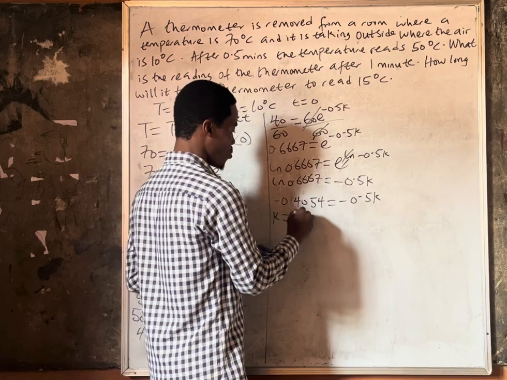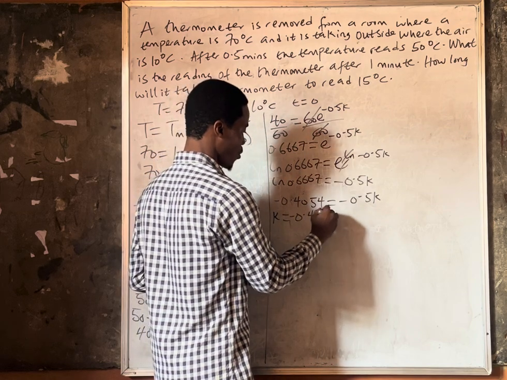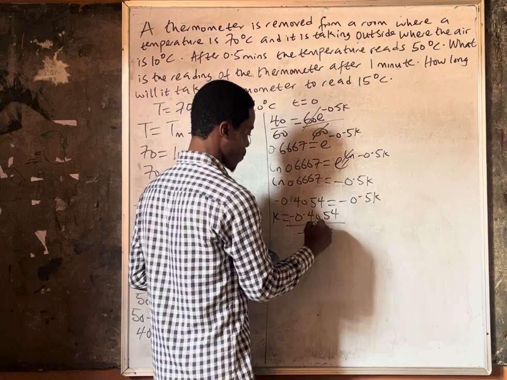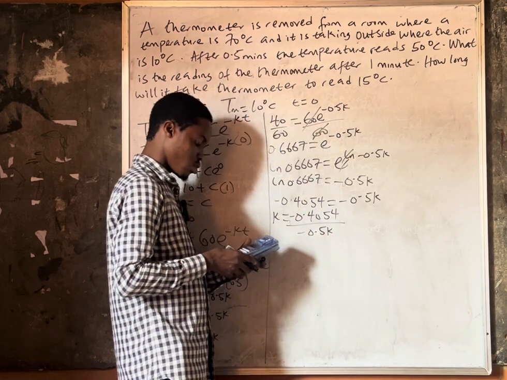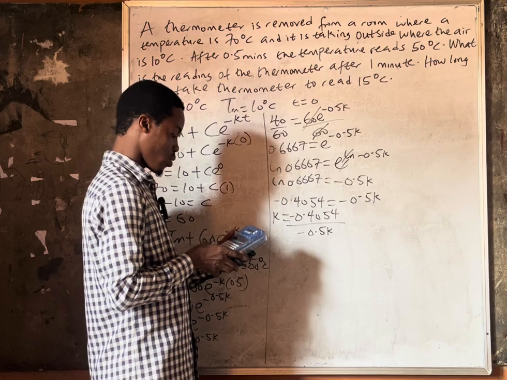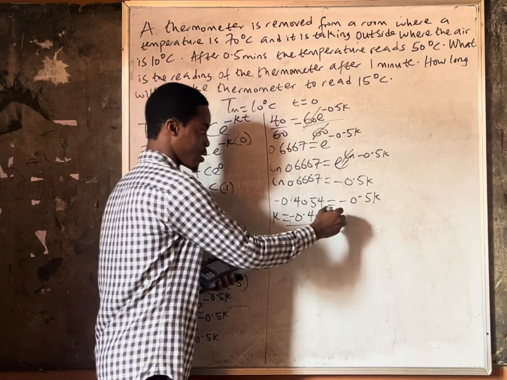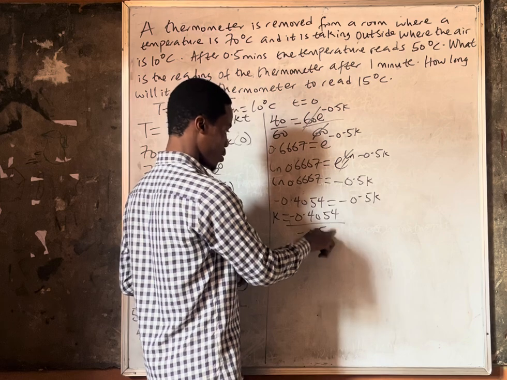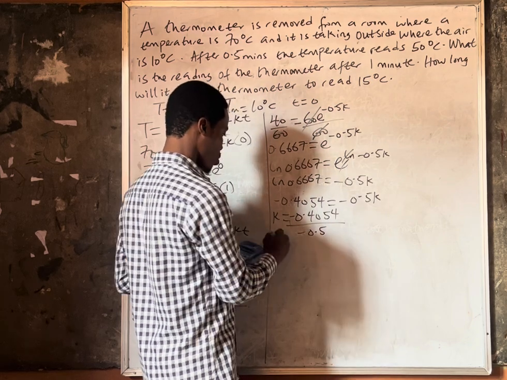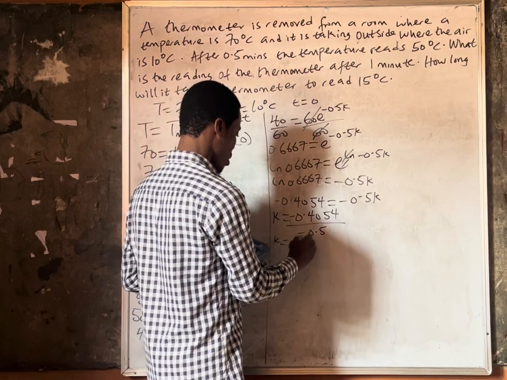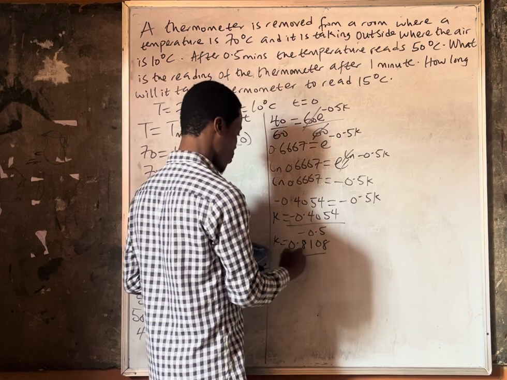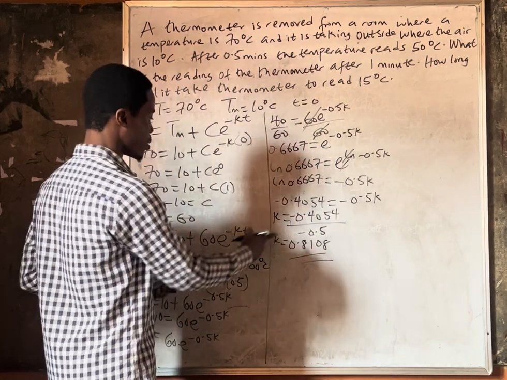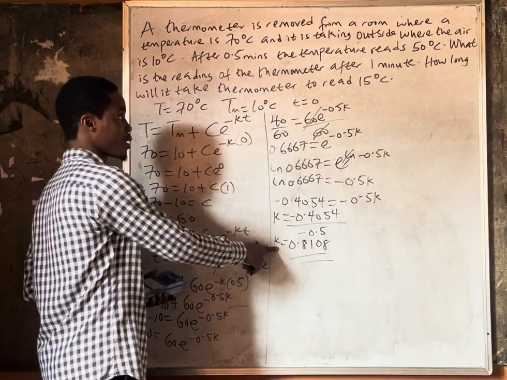Our k will now be minus 0.4054 all over minus 0.5. So our k is 0.8108. So this is our k.